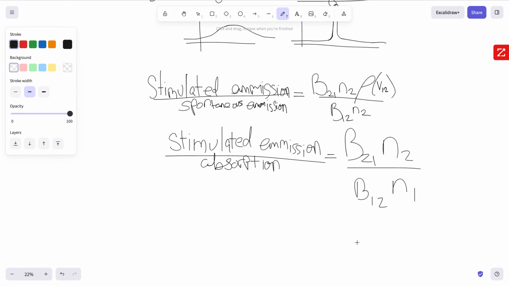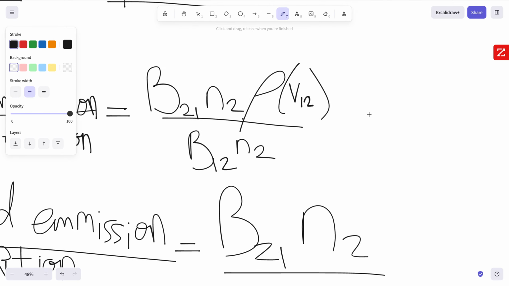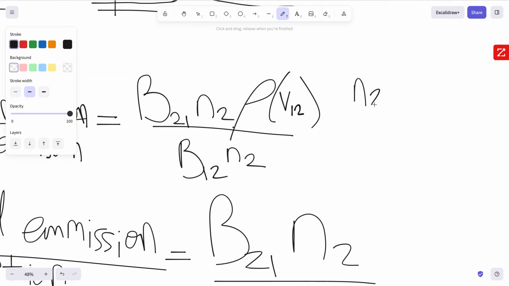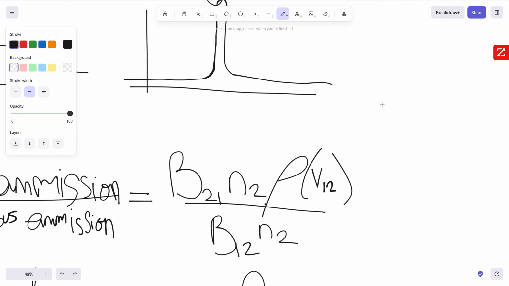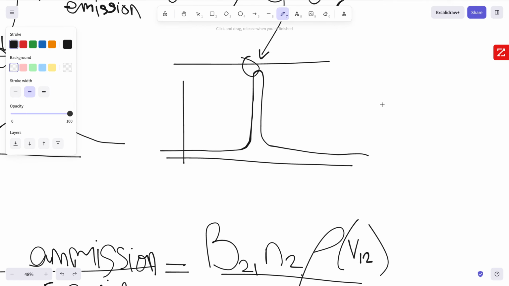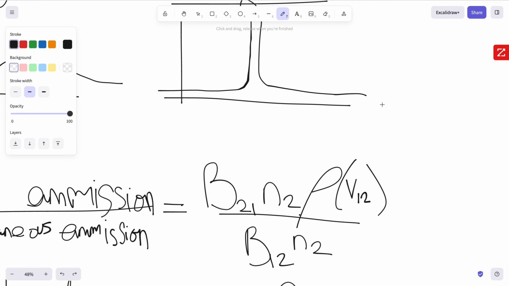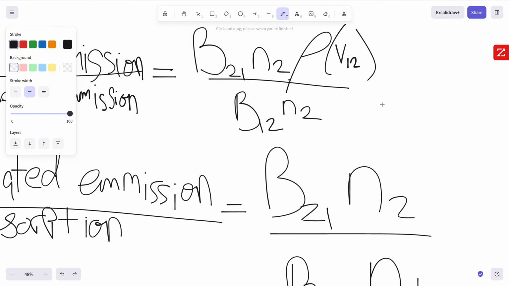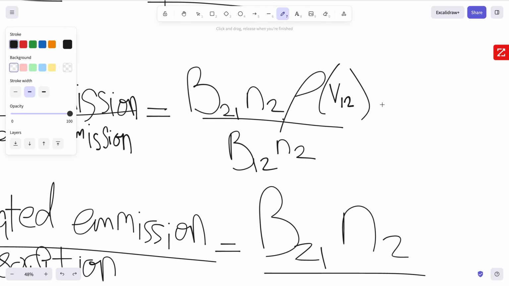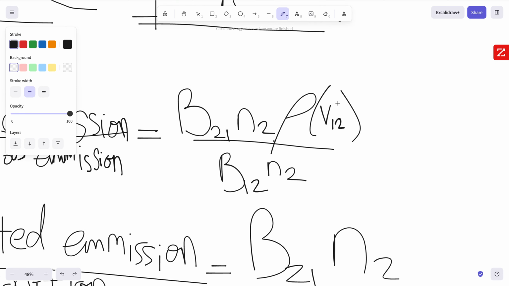Now with this, we can understand, and let me clarify the variables as well. N2 is the number of electrons available in the second state, the excited state, and N1 is the number of holes available in the ground state. And rho of V12 is the photon density, the density of photons available within the energy states 1 and 2.